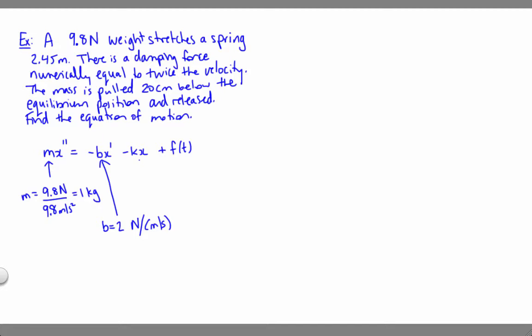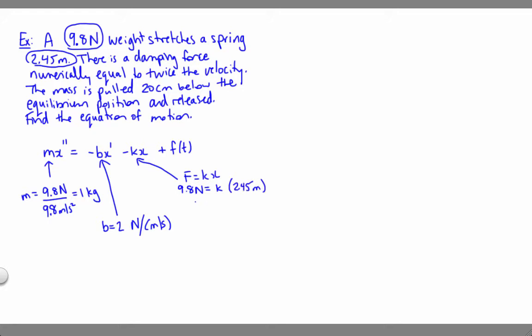Okay, now let's think about k here. According to Hooke's law, F equals kx. We're told that we've got a 9.8 Newton weight, so that's our force there. k is unknown, and our displacement x, we're told that weight stretches the spring by 2.45 meters.